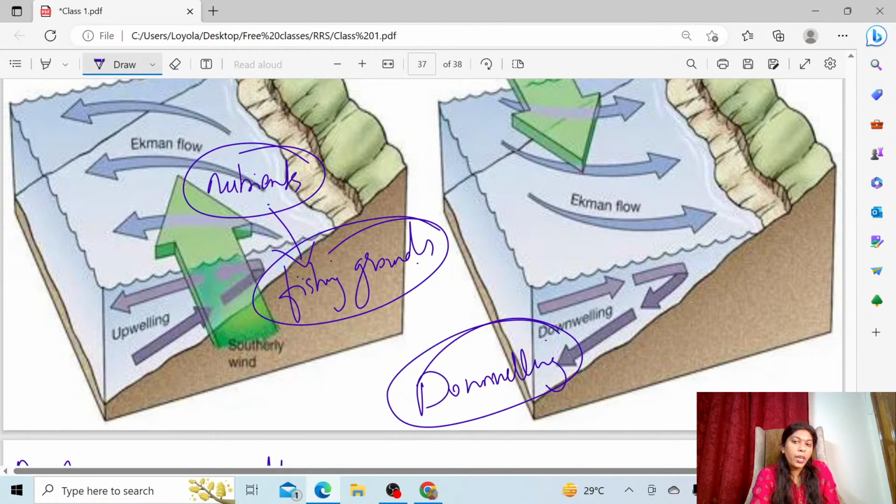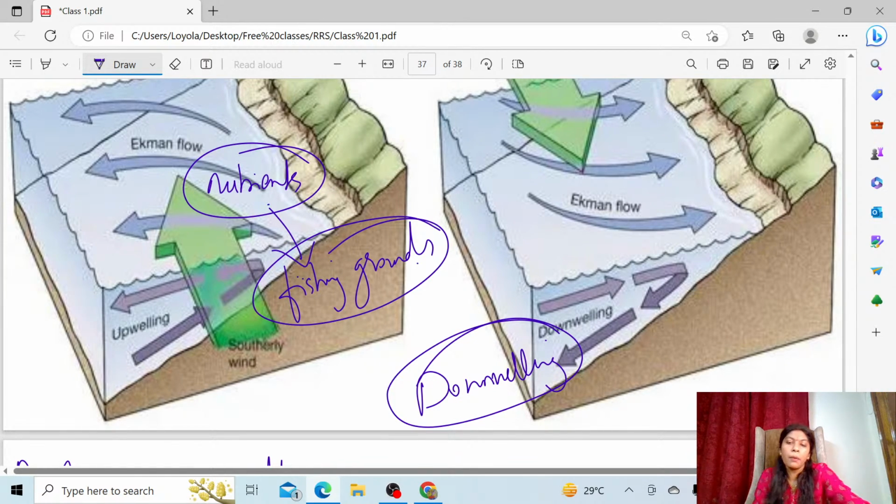Again, due to the effect of wind, when the direction of the wind changes, downwelling happens. Take the west coast of USA, where you can find both upwelling and downwelling depending on the direction of the wind. So the upper surface layer sinks down.